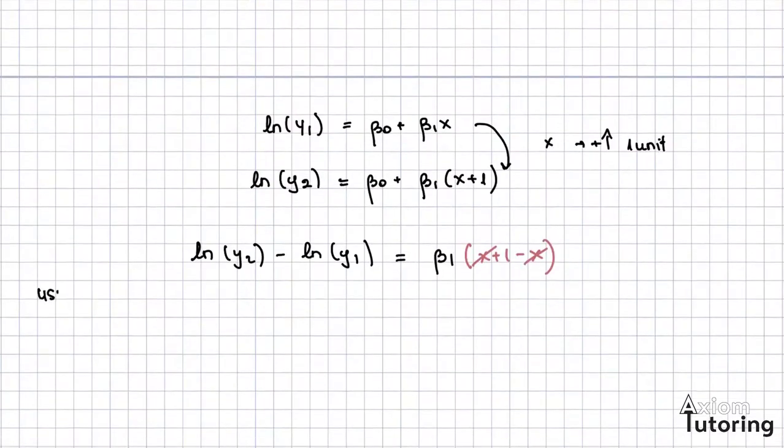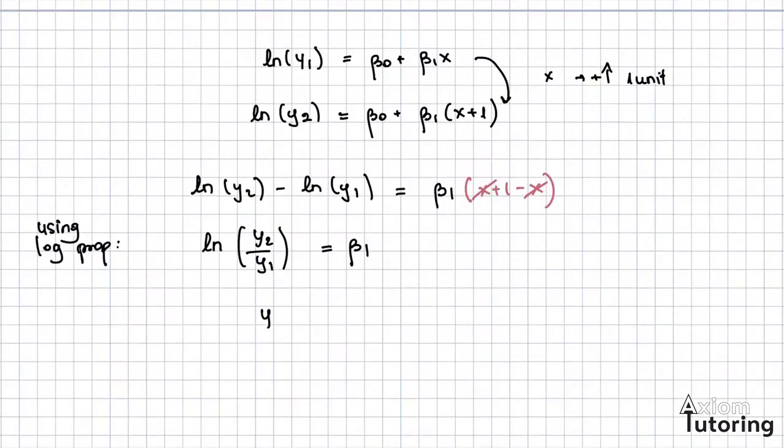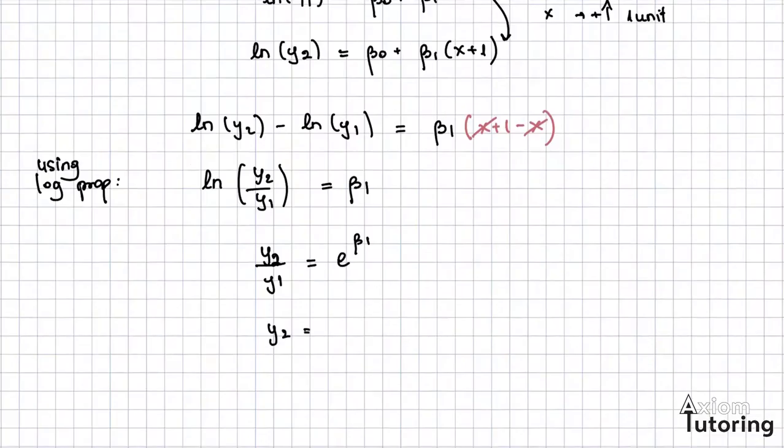Using log properties, we see that ln of y2 divided by y1 is equal to beta 1, which means that y2 divided by y1 is e to the power beta 1. From here, y2 by itself is simply y1 times e to the power beta 1.